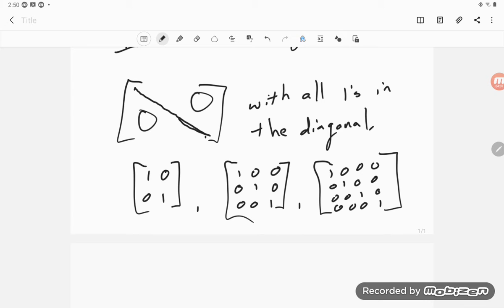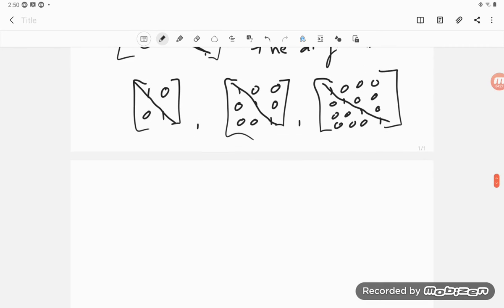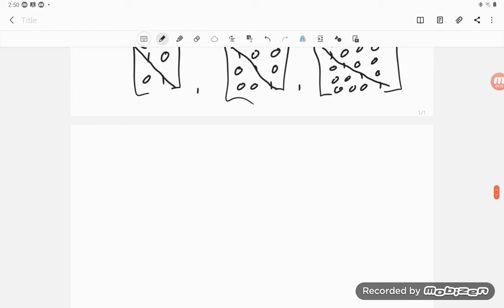So all of those are identity matrices. They're diagonal in that the only non-zero elements are down that diagonal from upper left to lower right, and everything else is zeros, and those non-zero elements in the diagonal are all ones.